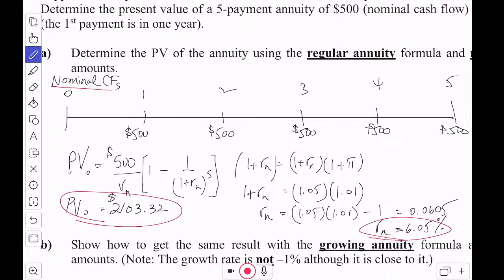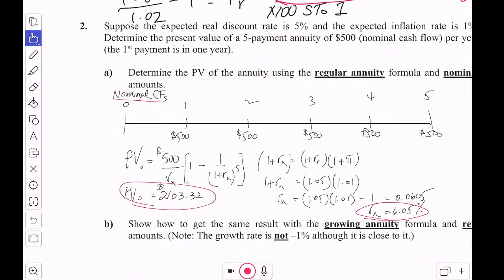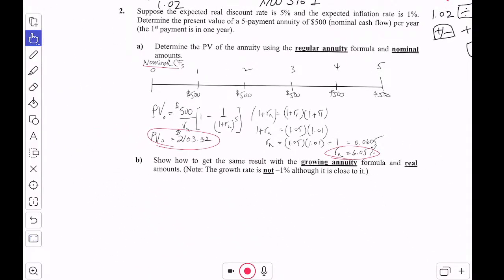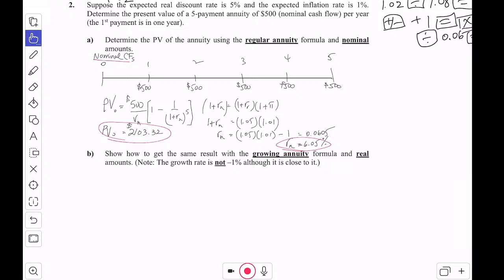So what will that take? Let's create that timeline for real cash flows.